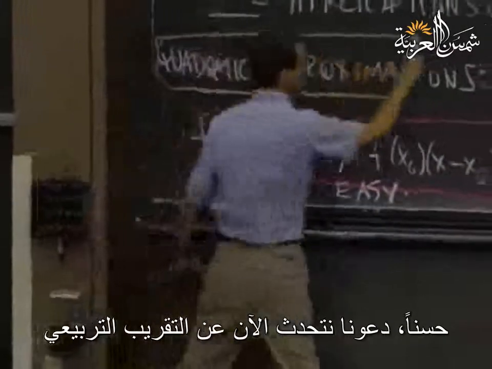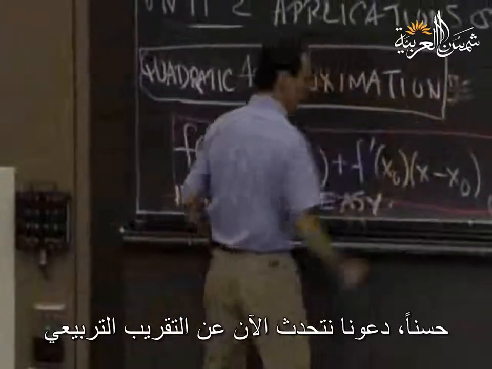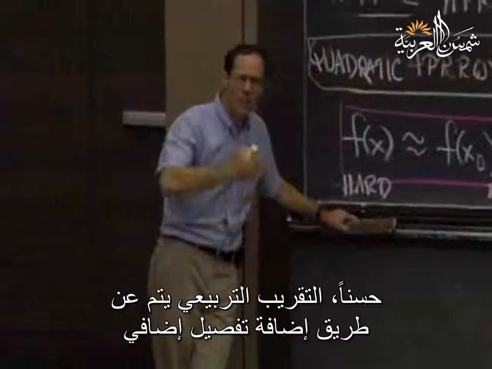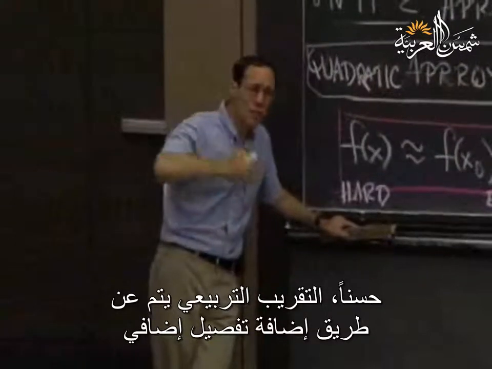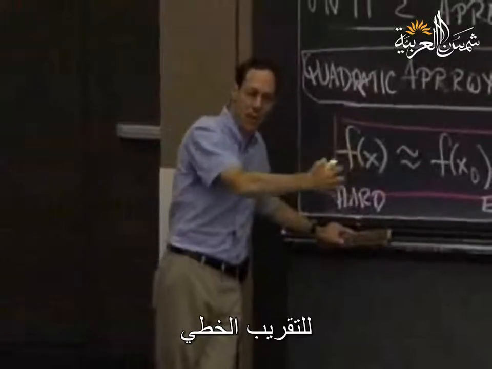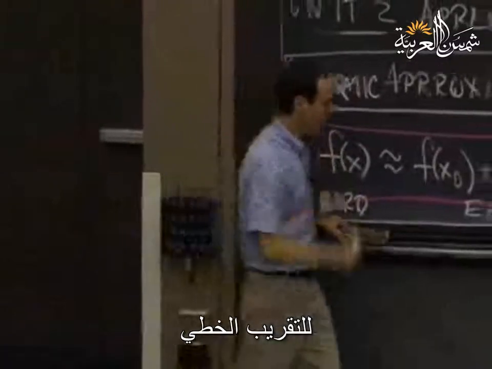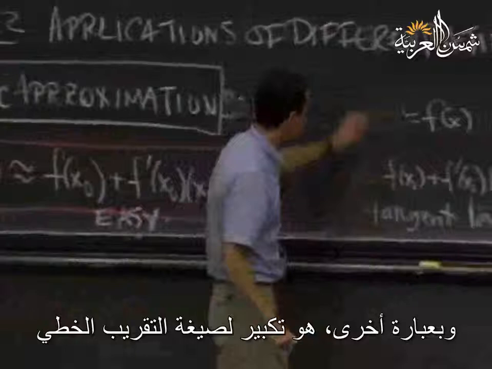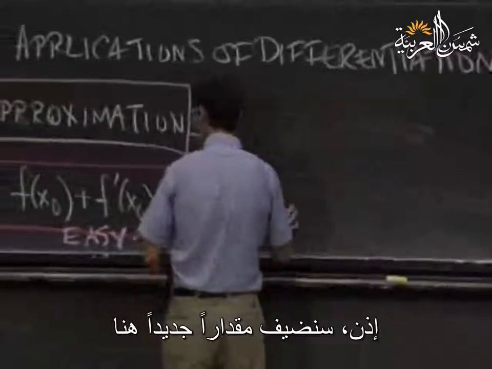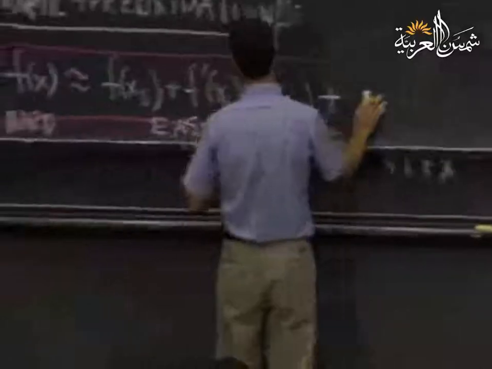So suppose we talk about a quadratic approximation here. Now, the quadratic approximation is going to be just an elaboration, one more step of detail from the linear. In other words, it's an extension of the linear approximation. And so we're adding one more term here.